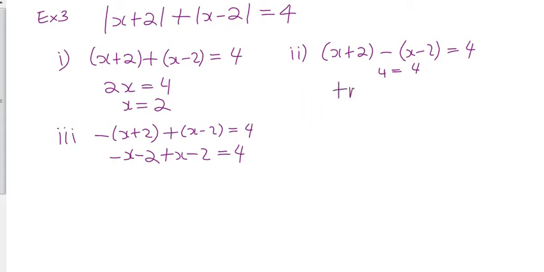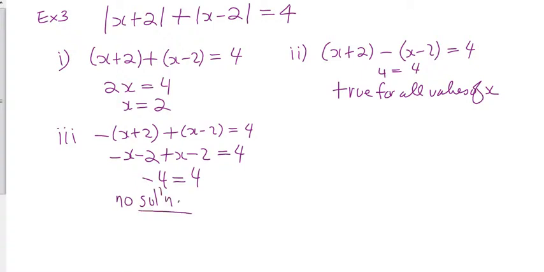That's true for all values of x. Wow. Negative 4 equals 4 has no solution. So it's true for all values of x, but we need to look into this further.